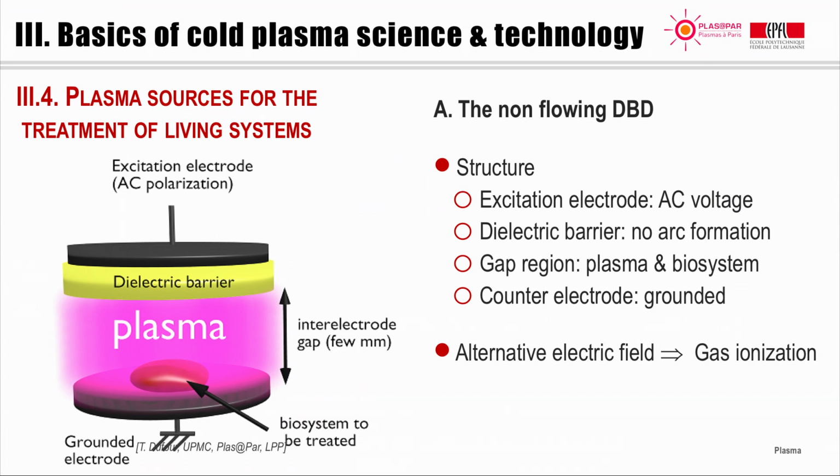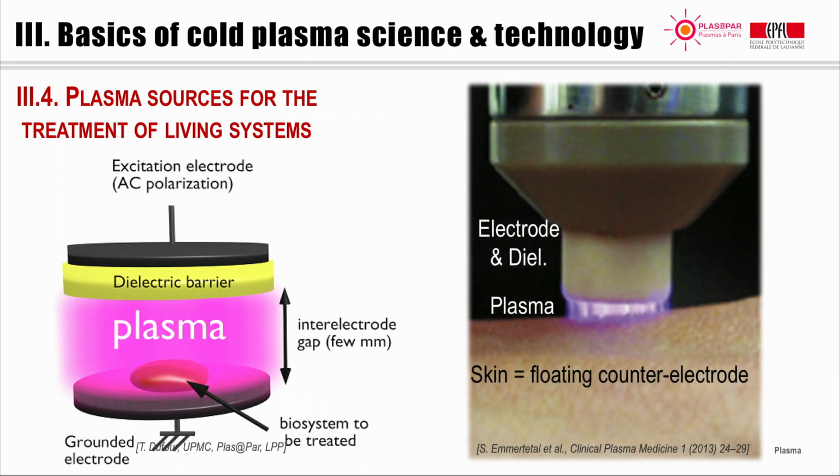The electron avalanches are amplified, giving rise to plasma microdischarges developing at a nanosecond time scale. The main limitation of this device is the inter-electrode distance that has to be less than 1 centimeter. And as you can observe in this picture, the human skin here plays the role of the counter electrode, whose potential is not grounded but floating.